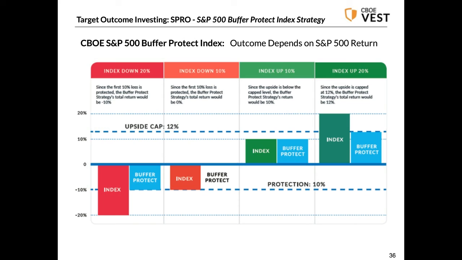If it was down 20%, because it's a spread or range, you would still participate in some downside, but you would tend to outperform by about 10%. So less downside participation. On the other hand, if the index is up strongly, you would potentially have underperformance.